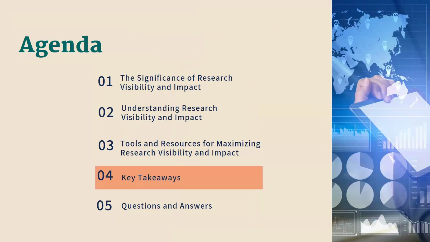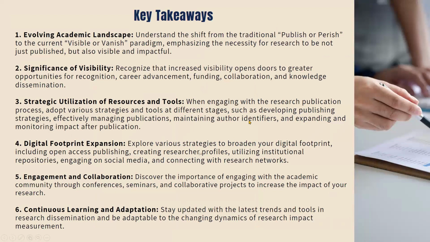Okay, now let's summarize what we have discussed. First, the evolving academic landscape: understanding the shift from the traditional publish or perish to the current visible or vanish paradigm, emphasizing the necessity for research to not just be published, but also visible and impactful.